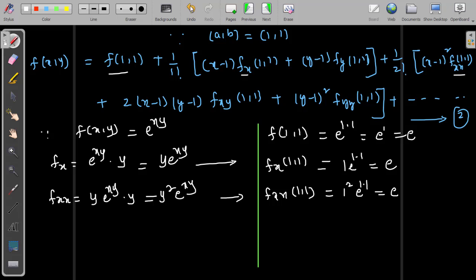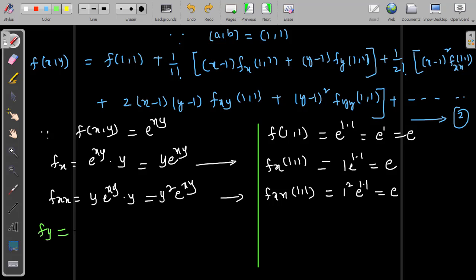Now we need to find fy. What does it mean? Differentiating f of xy with respect to y by keeping x constant; the criterion is keeping x constant.